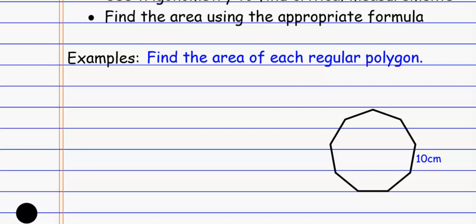And so when we look at this first example here, if I were to identify the center of this thing, so let's say the center of this guy is right here. If I were to start breaking this thing down into triangles, so drawing the radii for these, as I draw each of those, what I get is a bunch of isosceles triangles, because remember, all the radii need to be the same here because this is a regular polygon. And so as I look at this thing, I can find the measurements of some of those pieces.